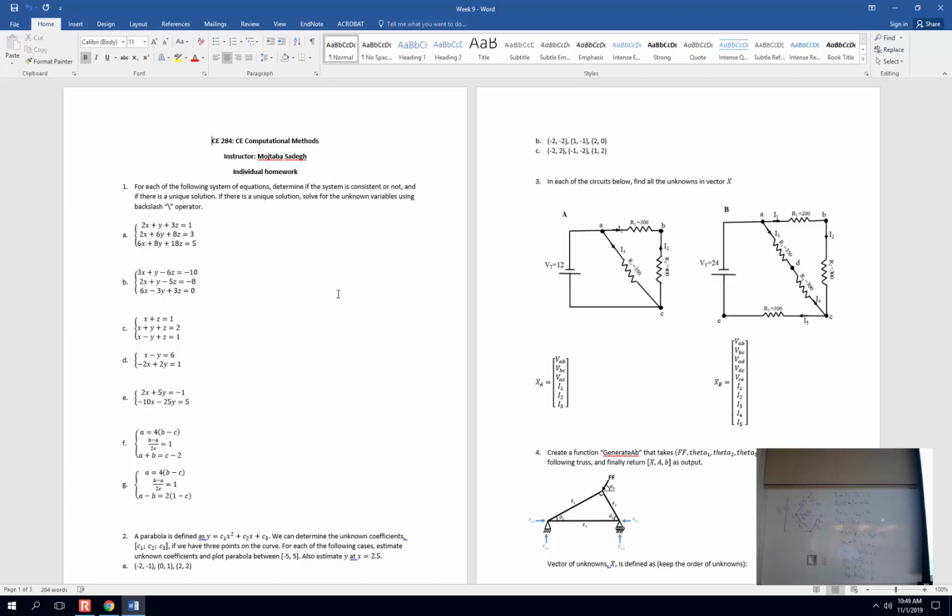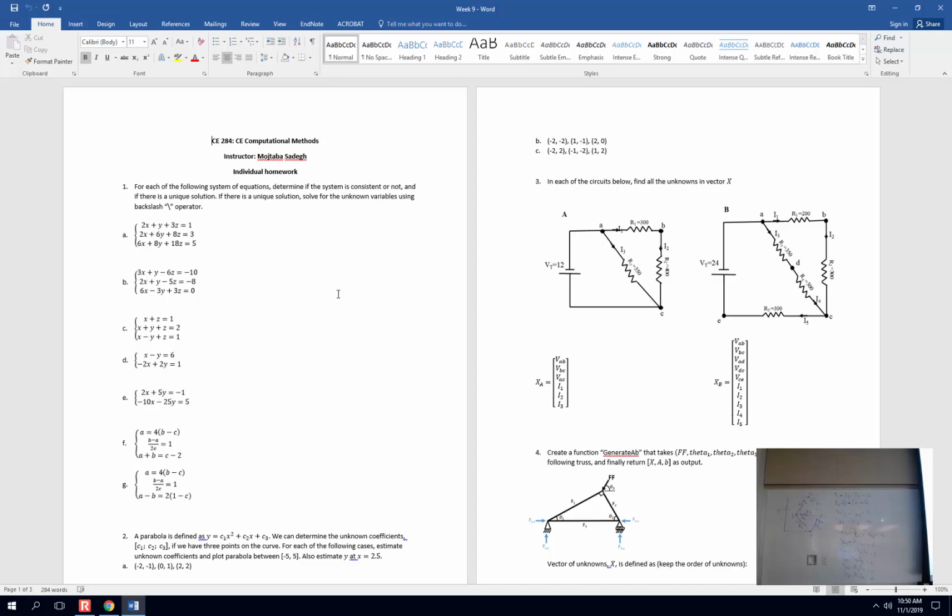I have I1, I2, I3, I4, I5, VAB, VAC, VBC, VCE, VB. And then the first equation, I have I1, so 1, negative 5, negative 1, negative 1, right? So 1, negative 1, negative 1. The rest is 0.